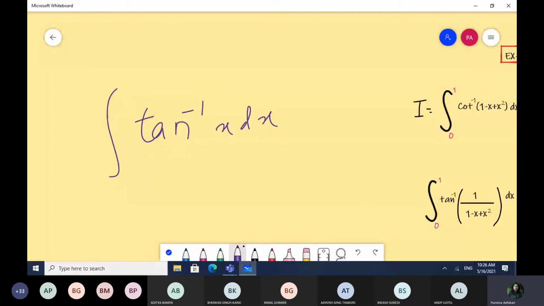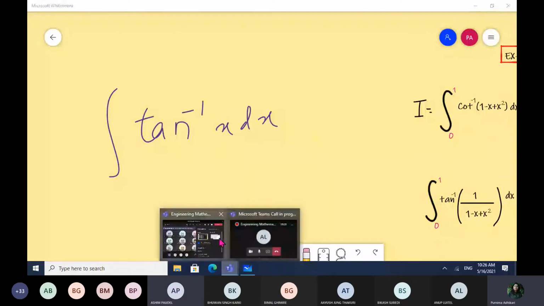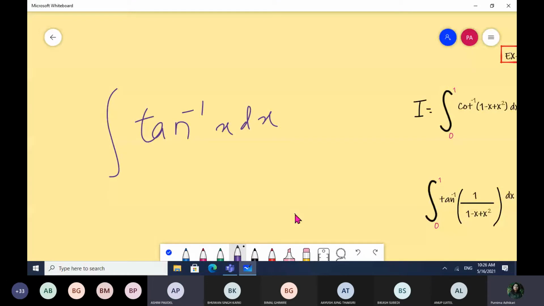You integrate an inverse function like tan inverse of x dx by integration by parts. What is your first function? The first function is tan inverse x and the second is 1.